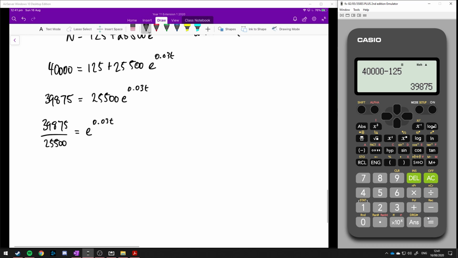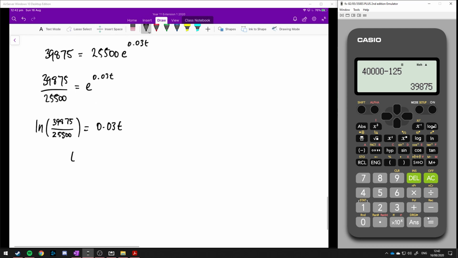Okay, to get rid of the exponential, we're going to take logs of both sides. So the log of 39875 over 25500 is going to be equal to 0.03t, as we know. So in this case, t must be equal to the log of 39875 over 25500 all over 0.03.